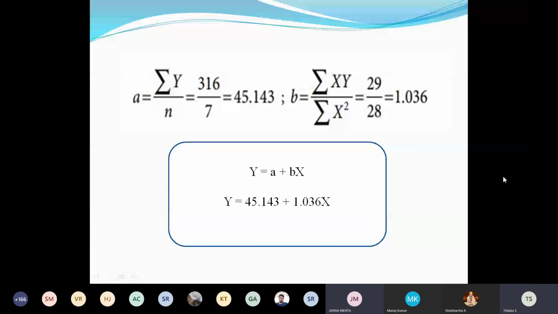Because the question asks to find the trend equation, the line of best fit. So you have to write this equation, y is equal to the value of a plus the value of b into x. Is it clear, guys? Yes, ma'am. Okay.